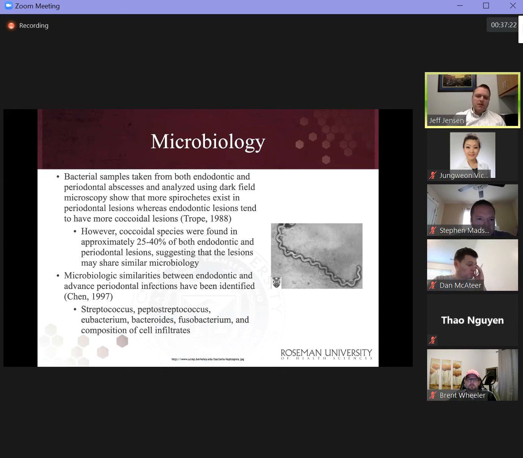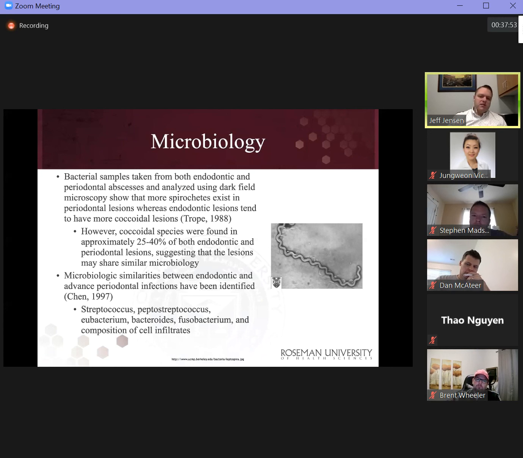However, some of these coccoidal species were found in 25 to 40% of both endodontic and periodontal lesions. So they do share some microbiology, it appears. However, there are some differences, mainly a higher percentage of spirochetes in periodontal lesions, and typically a higher percentage of coccoidal species in an endodontic lesion.